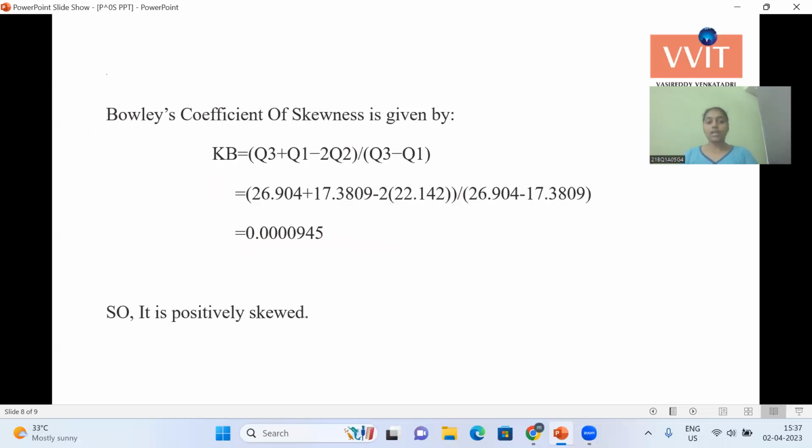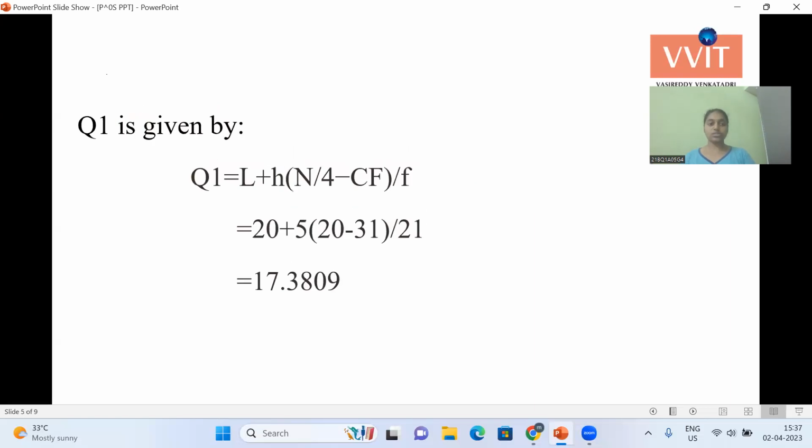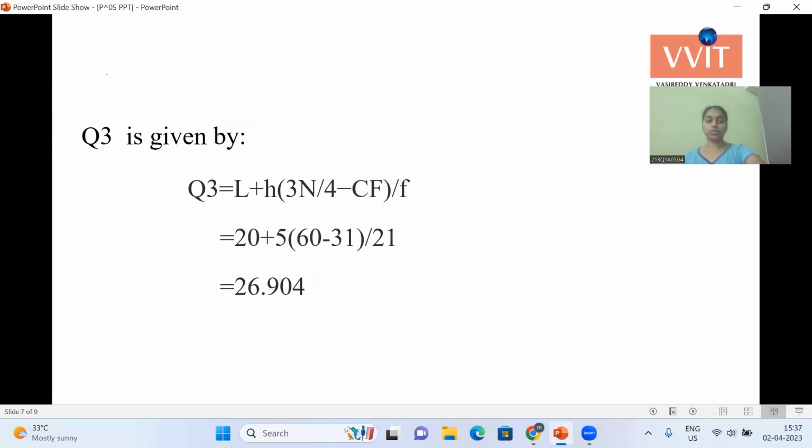Now, we will calculate Bowley's coefficient of skewness. The formula for Bowley's coefficient of skewness is KB equals (Q3 plus Q1 minus 2Q2) divided by (Q3 minus Q1). So we will substitute the values we calculated just before, Q1, Q2 and Q3.